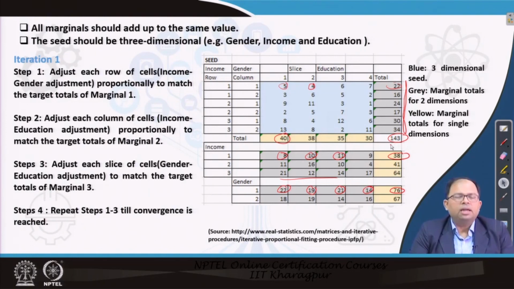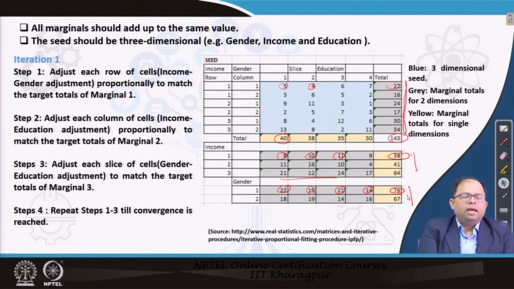Now, as we have done in the previous IPF, we need to make sure that each marginal is adjusted proportionately one at a time. That means this seed data has to be proportionately adjusted as per each marginal. First we should take this, then this, and then this.